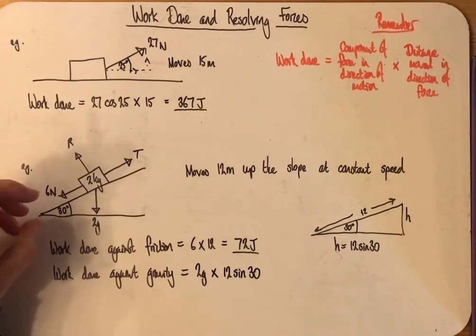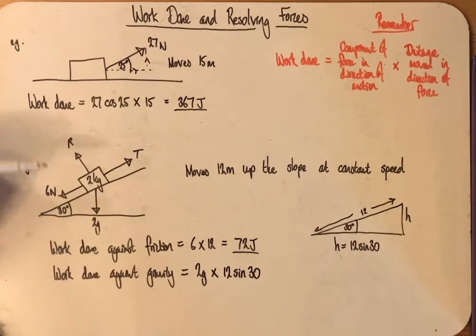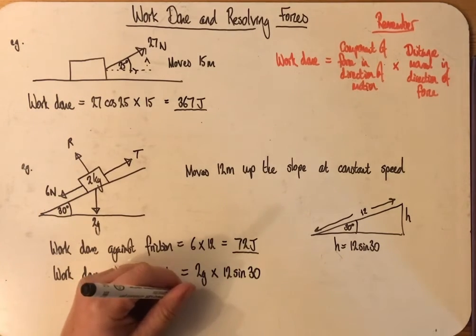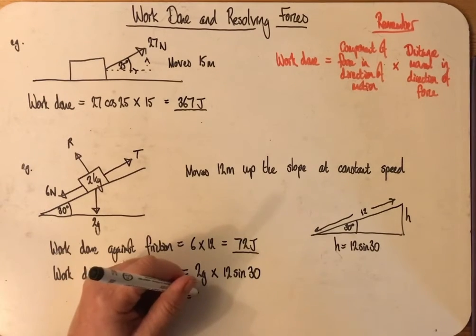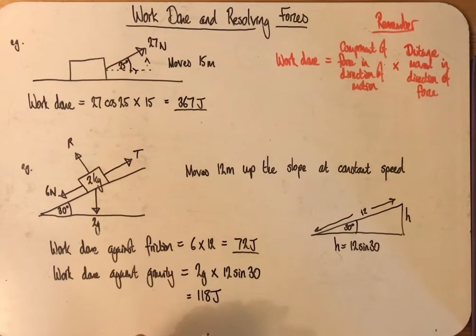So you can kind of split this into each force and find how much work you've done to oppose these forces. And this one comes out as being 118 joules. So also the work done against gravity is the same as the increase in potential energy, which we'll talk about a bit more in a lesson or two's time.